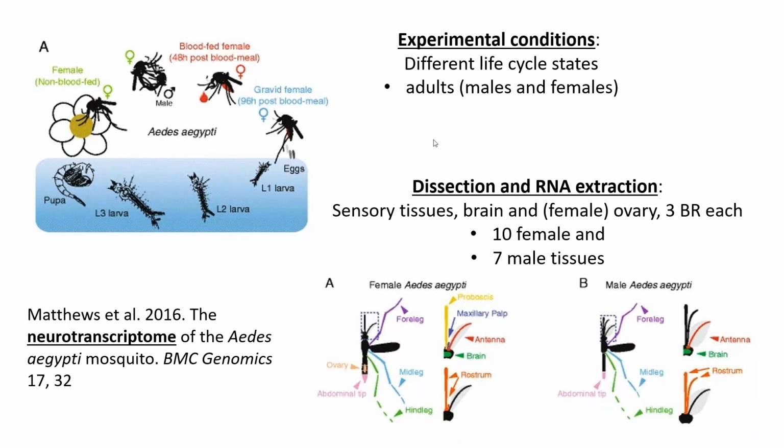And from both the males and the females, they had different tissues. So they collected 10 different tissues for females and 7 different tissues for males. And again, this data set is in VectorBase.